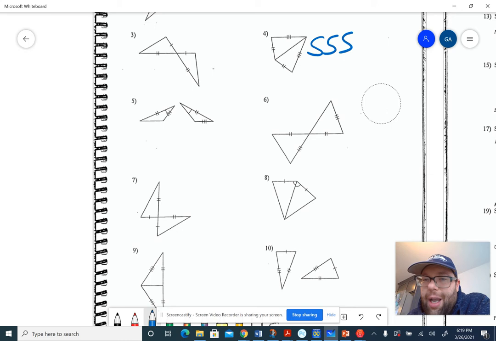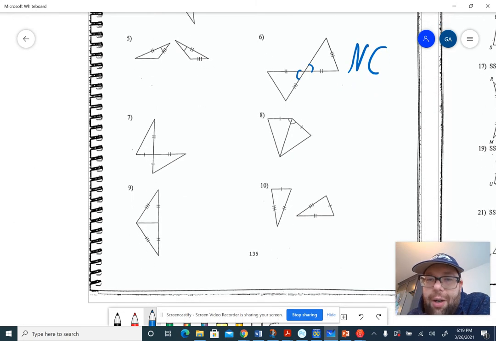So this is not going to satisfy the side, angle, side. So this is going to be not congruent. Because it would have to be over here for it to satisfy the side, angle, side, but it's not. So, not congruent.